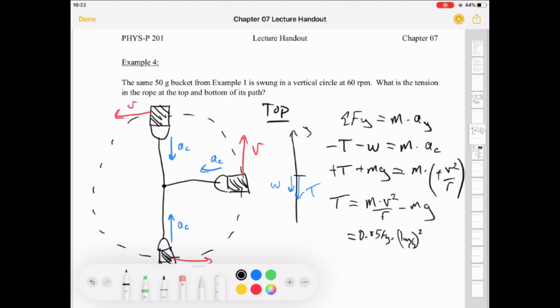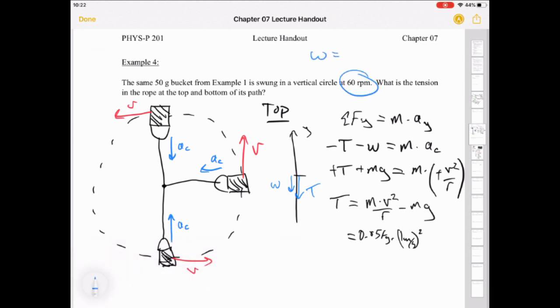And then we could get a velocity out of that. Actually, let's use omega. So 60 RPM, that's omega, equals 60 RPM. And as we have before, if you multiply by 2 pi and divide by 60, in this case you get exactly 2 pi, which is 6.28. That's radians per second.